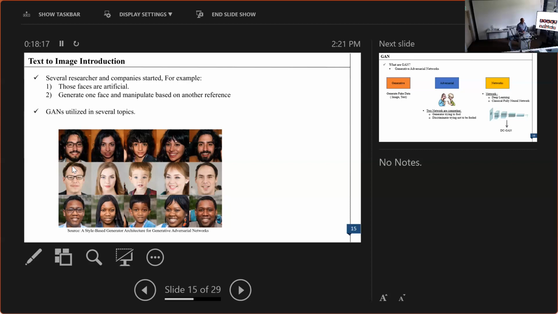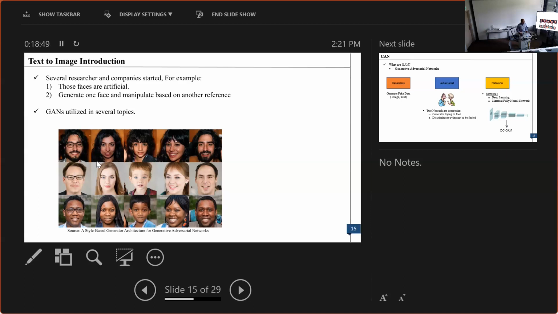So the idea here as well is how we can generate one face and how we can manipulate that face. For example, if we describe one guy with a mustache, with glasses, with a beard, how can I change that generated face to another face, which could be a girl or any other face?